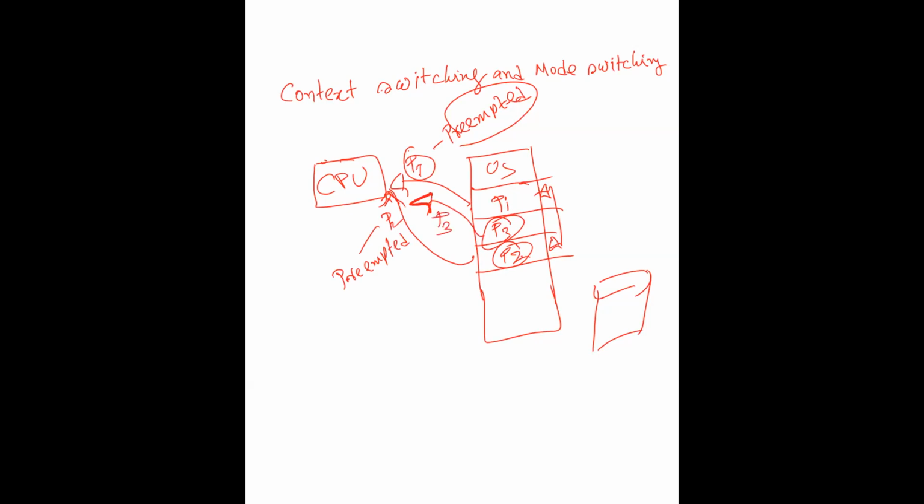Okay. Currently your CPU is executing the process P3. When the execution is done by the CPU, P3 will be terminated from the OS, from the RAM, and then one process from here will get the CPU to complete its execution.